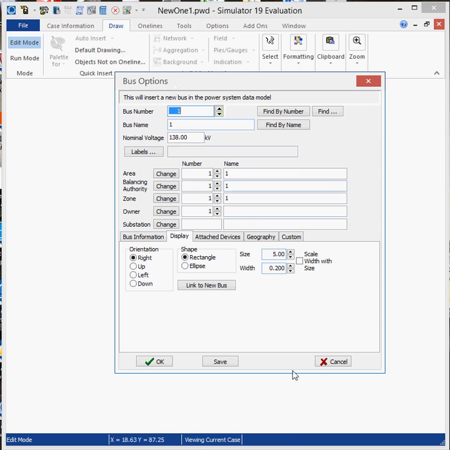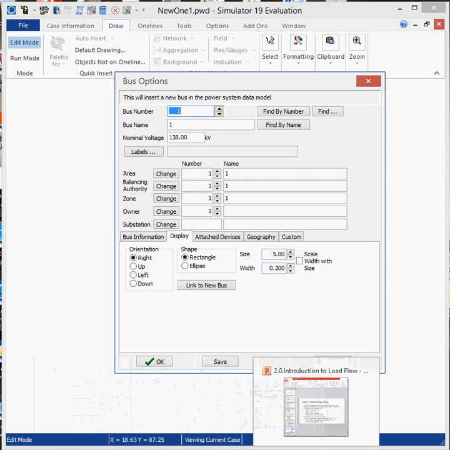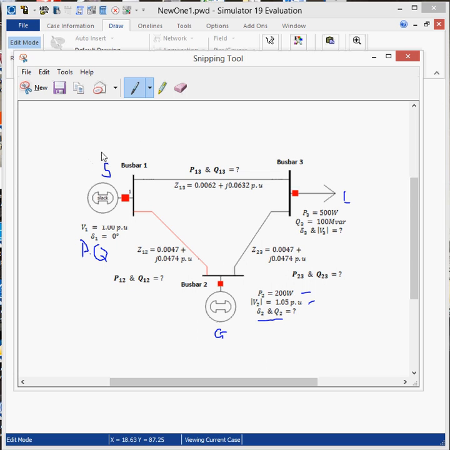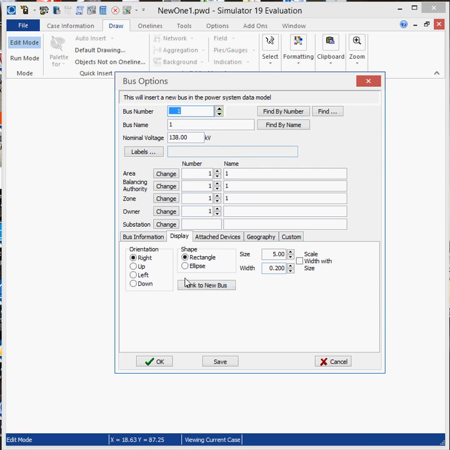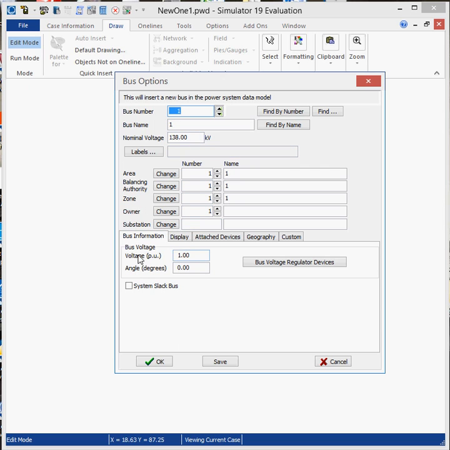Okay. So since bus 1 is a slack bus, the given parameters are 1 per unit voltage and angle 0. So you can put all the information here.